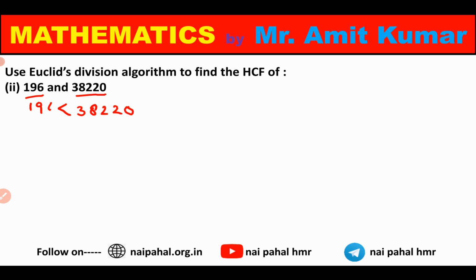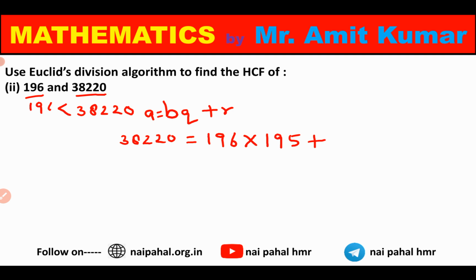Write the Euclid division algorithm: A is equal to BQ plus R, where A is the greater number. 38,220 is equal to the smaller number, our divisor 196, multiplied by how many times to get 38,220? We have 195. Then will it become 38,220? Yes. Then the remainder is 0.